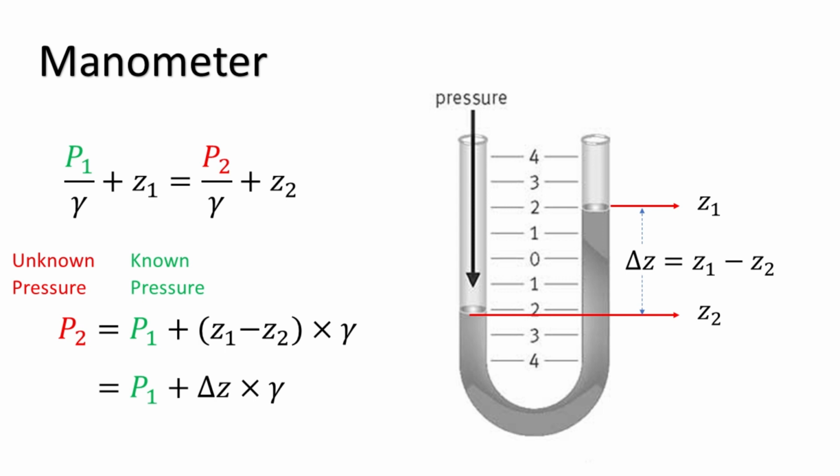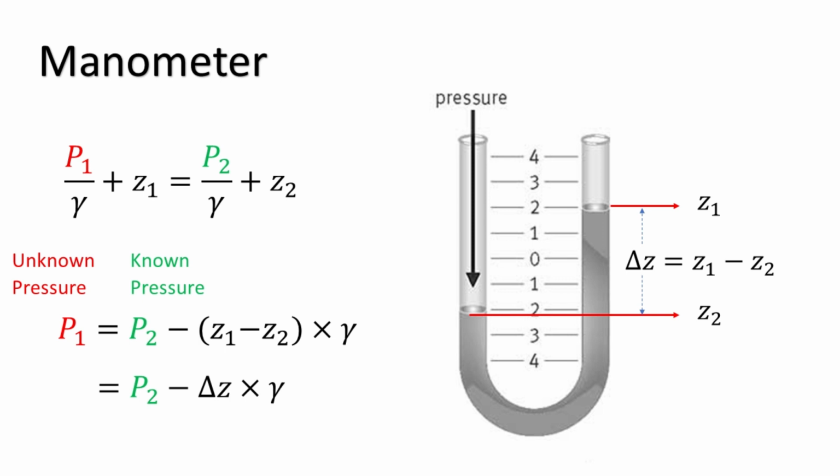Because Z1 is larger than Z2 in this particular example, Z1 minus Z2 is the elevation difference delta Z between the two sections. Therefore, the pressure P2 equals the pressure P1 plus the specific weight of the liquid multiplied by the elevation difference delta Z. During this process, the elevation goes down in the manometer liquid as we move from section 1 to section 2.